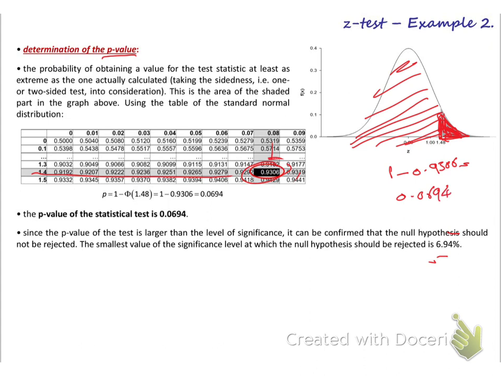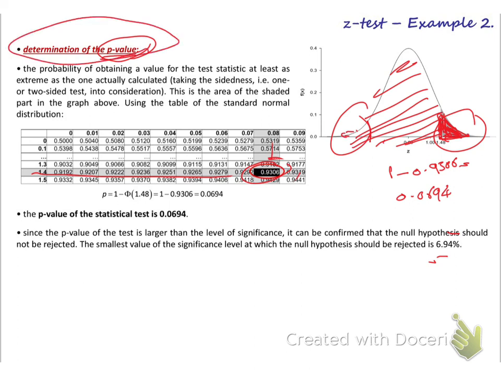So when he asked me to determine the p-value, it is the p-value for the extreme, on that side or both sides if it's split between them. So this p-value determination is for the probability of obtaining a value of the test statistic at least as extreme, to the right, or extreme to the left, or extreme to both sides.